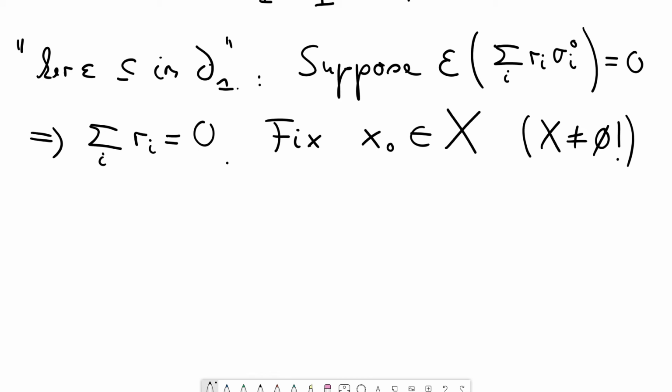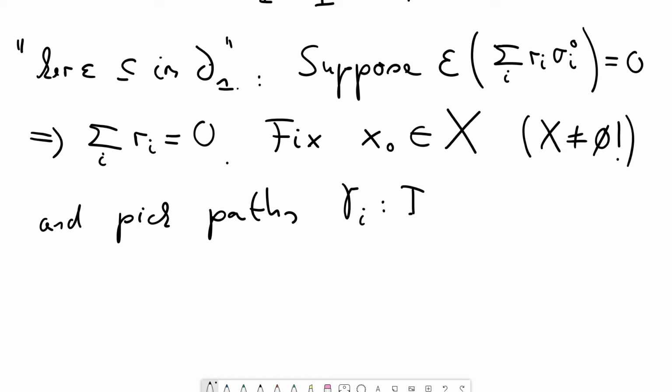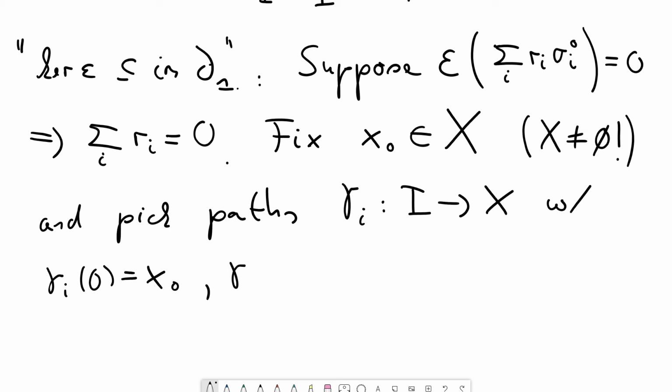So fix x0 in X and pick paths, gamma i in X, with the property that those paths initiate in x0 and end in the point that's given by the simplex.